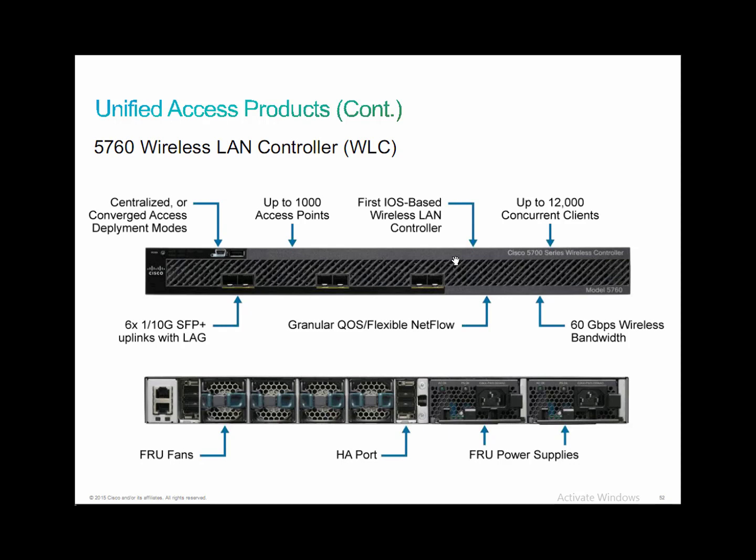That's going to be required if you're pushing a lot of AC clients through the device. Wire speed up to 60 gigs of throughput, because you can see we have 2, 4, 6 different ports on the front here. Each one of these offers either 1 gig functionality or 10 gig functionality. Up to 1,000 access points per controller. 12,000 clients per controller spread across those 1,000 access points.